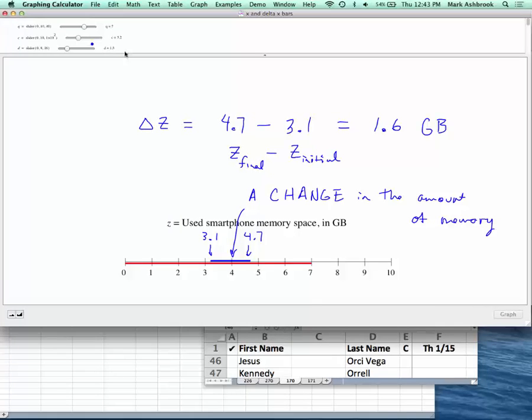So, now I'm going to move that blue bar, and now it is here, starting at 0 to 1.6. What's delta Z now? Is it the same or is it different?